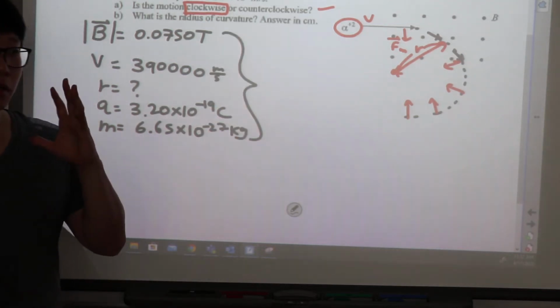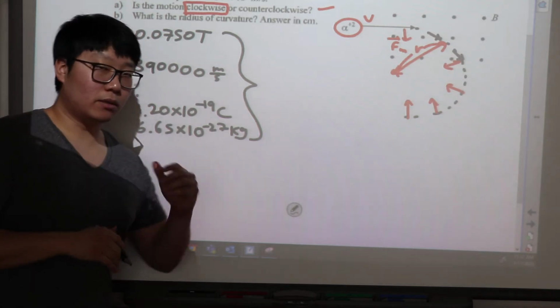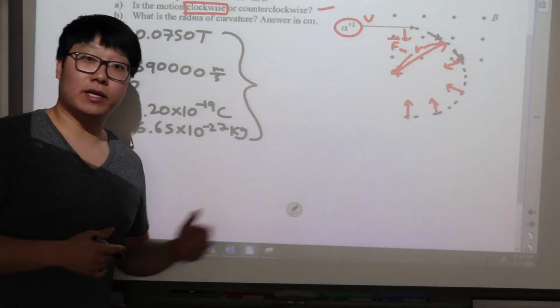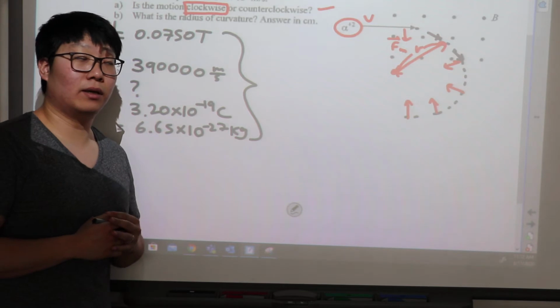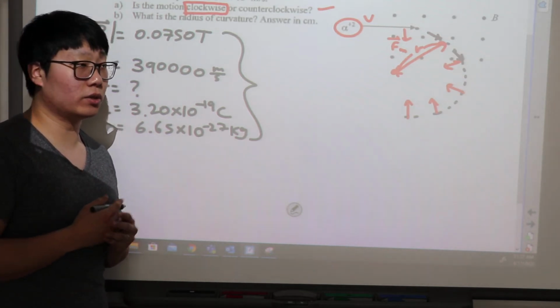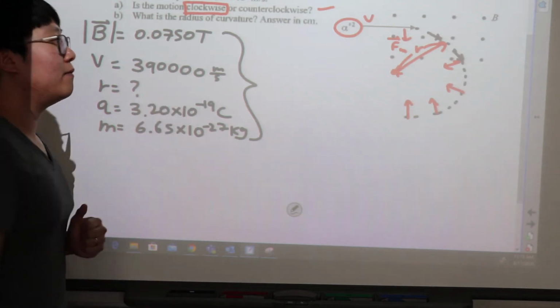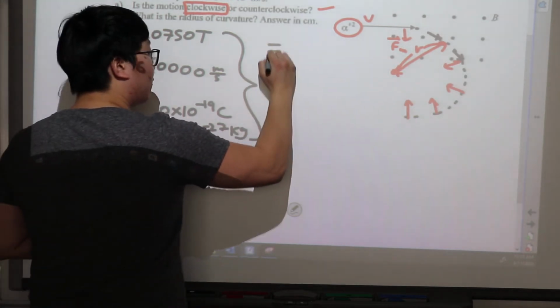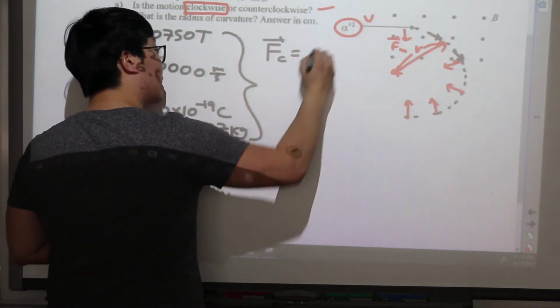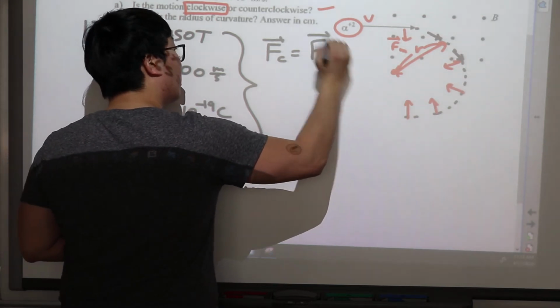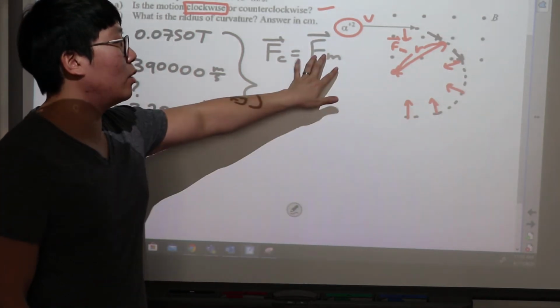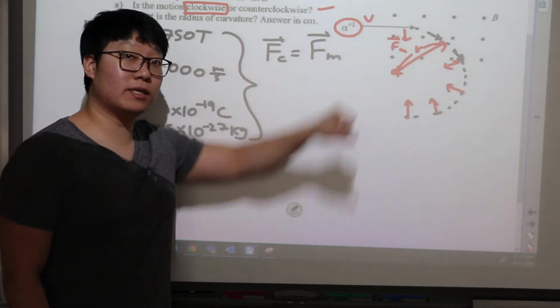Using these, I don't recommend you memorize the whole formula and derivation of it. I rather highly encourage you to calculate and derive on the spot. And that involves some theory. My net force, which is centripetal force, is equal to my magnetic force in here, because that's the only force that exists in the system.